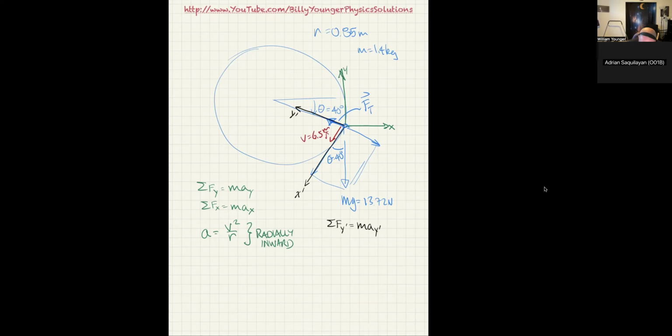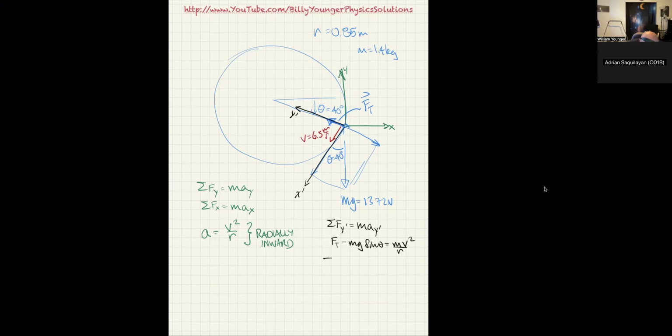And in this case, it would be Ft minus mg sine theta has got to equal m v squared over r. We have r, we have v, so we're all good to go on that.